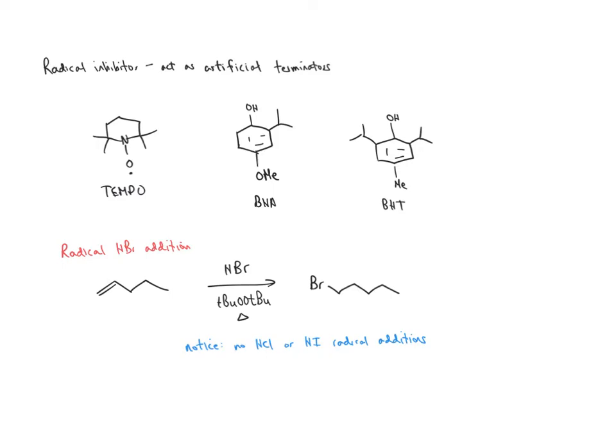So what we need to do is to look at the thermodynamics of these reactions, because a radical addition reaction will only occur if it's thermodynamically viable. And so let's take a look at the propagation steps in these mechanisms.